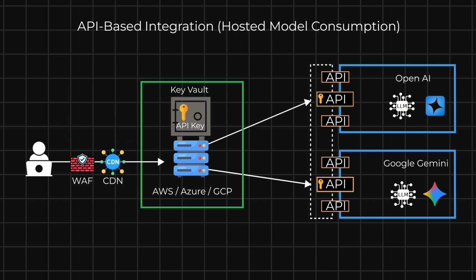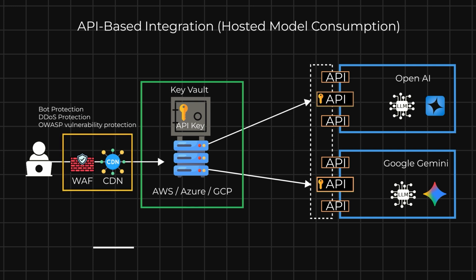CDN stands for Content Delivery Network, and they come bundled with WAF capabilities. This setup provides critical protections such as bot mitigation or DDoS defense, and most importantly it safeguards against OWASP vulnerabilities, thereby strengthening the application's external security posture.